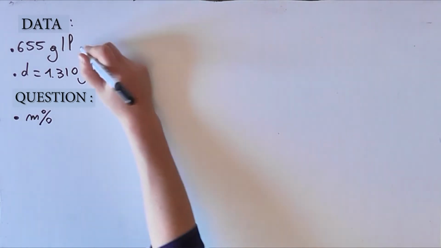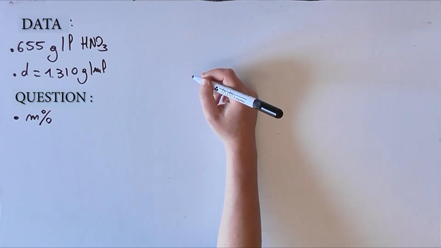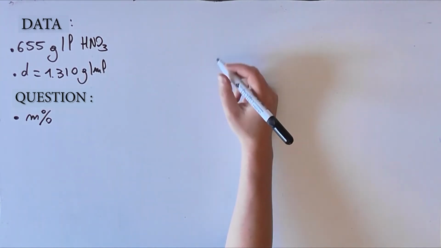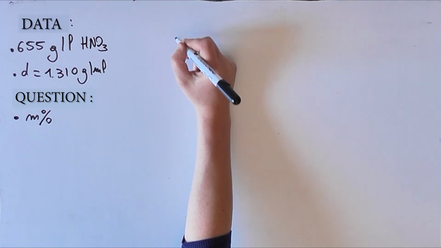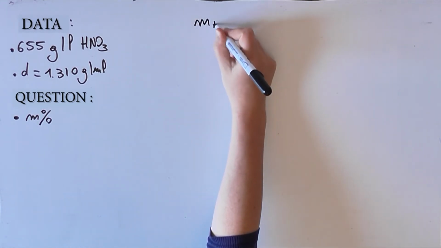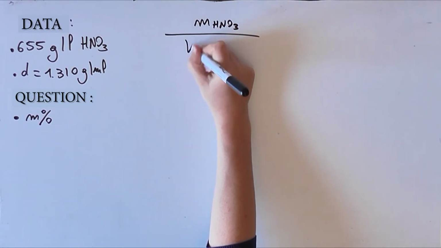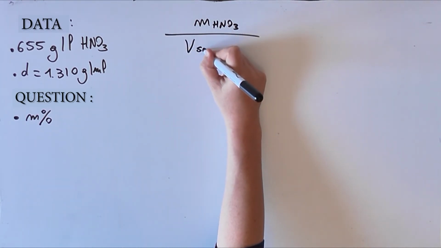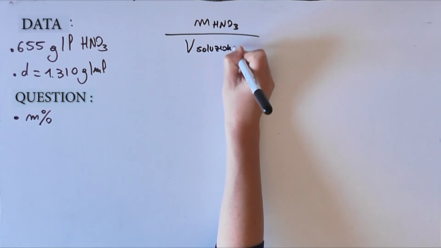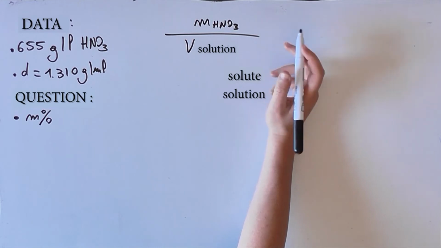We have to write here nitric acid, I forgot it. So let's write the definition of a gram per liter solution, which is the mass of HNO3, so nitric acid, divided by the volume of solution. So we have again nitric acid and water, so this solution is made by these two components.